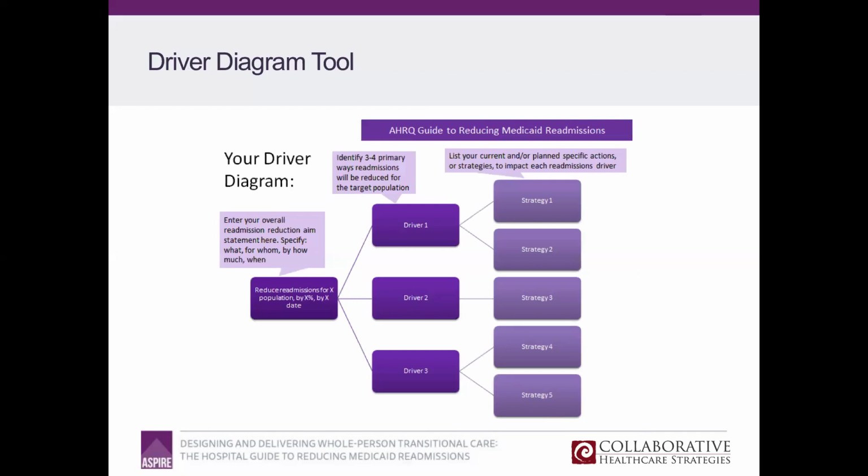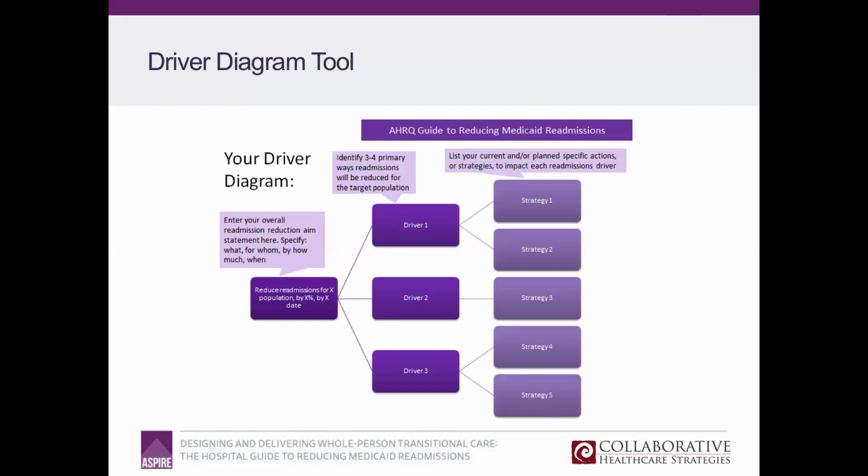So the driver diagram is a very helpful, it's basically a logic model or a strategy map to say, we understand you're going to do 100 different things, but how do all of those things link together to get us to the primary outcome of interest? And so, of course, as you can see, the primary outcome of interest is displayed on the far left of the screen, which is your aim statement.